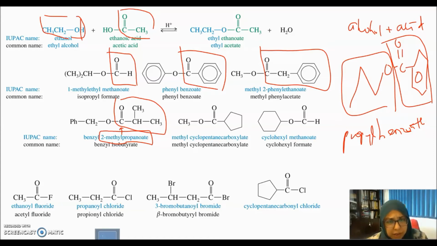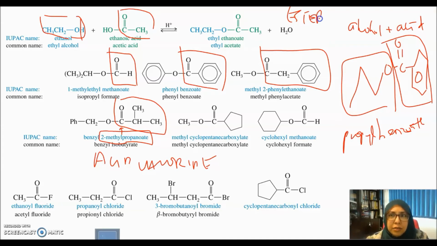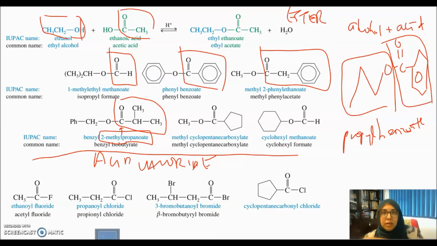This one down here is for acid chloride naming. Above there is ester naming. You are going to see many esters and many acid chlorides throughout this video. For acid chloride, you can see immediately the difference is just this part, oyl.